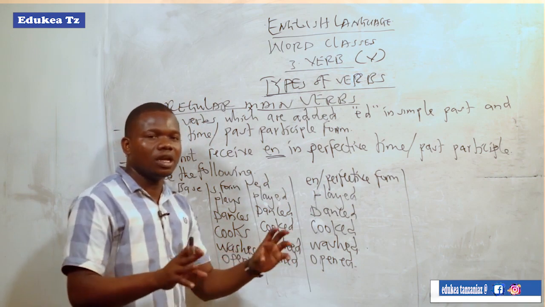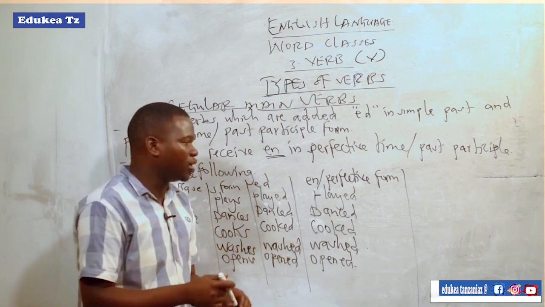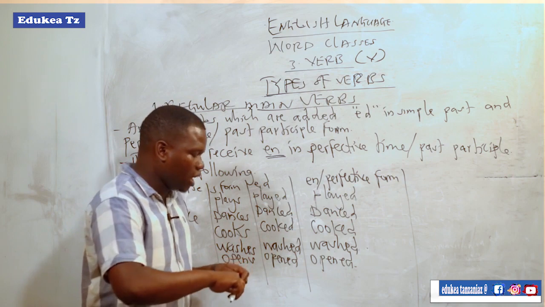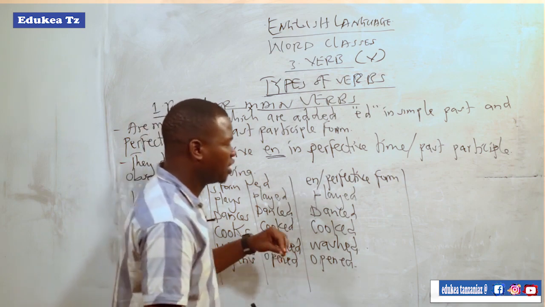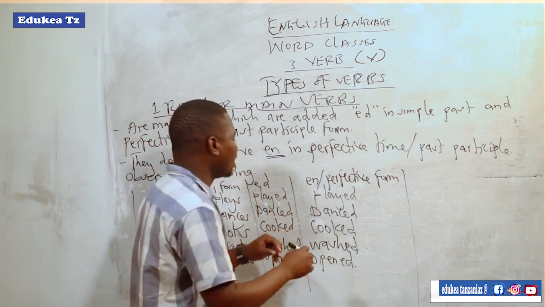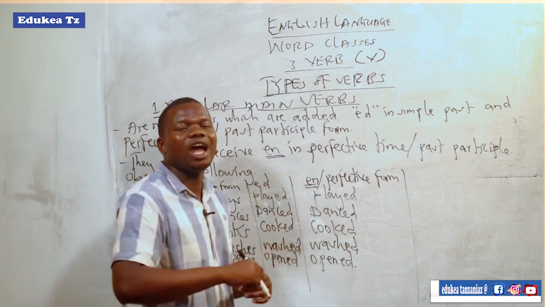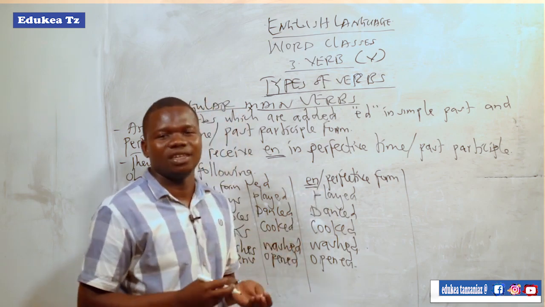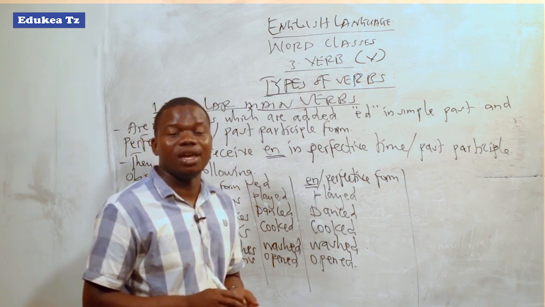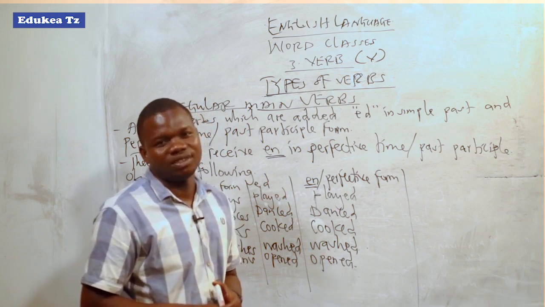In our English formula, it says that perfective time is made by the en form of the verb. That is to say, we have to add en in many verbs.